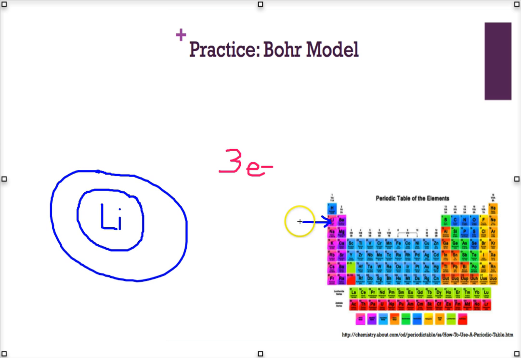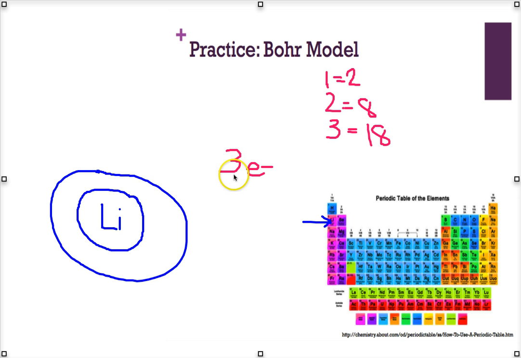Now, if we go back to our chart, we said that on the first energy level, we have 2 electrons. On our second energy level, you can have up to 8 electrons. And then on the third energy level, you can have up to 18.